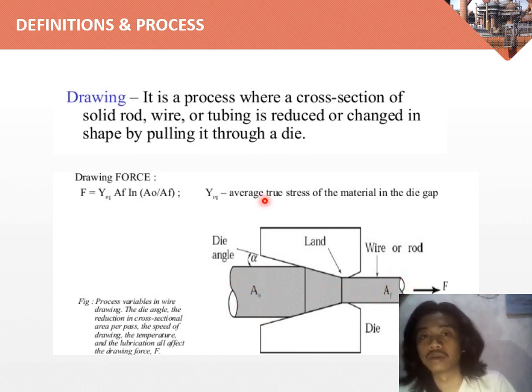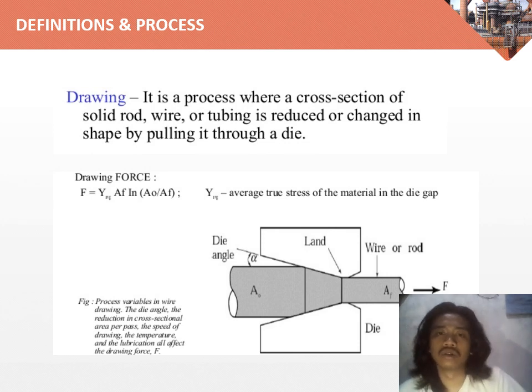It becomes smaller, and the shape of the die is determined based on the final product shape. This process is basically to obtain excellent product quality, and it will increase the strength and the hardness of the metal or other objects.